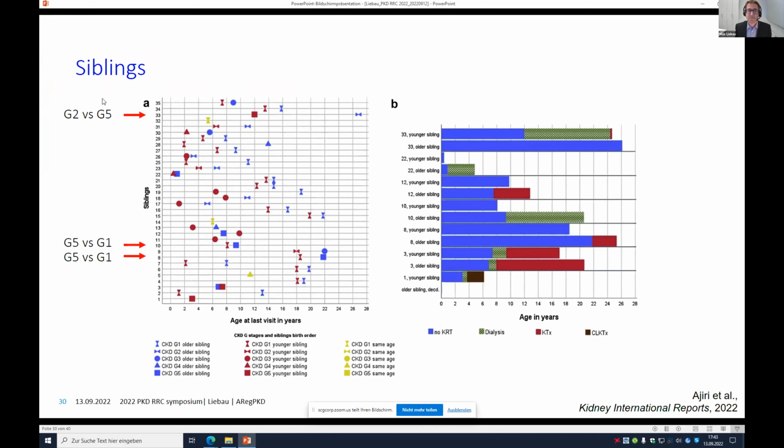And in this cohort, we found a bit more limited variability, mainly 3 siblings with major differences in kidney function that would not be explained by age. So that in our view points to a relevant role of underlying genetics to the course of kidney function in these patients, although minor differences obviously were seen more frequently.